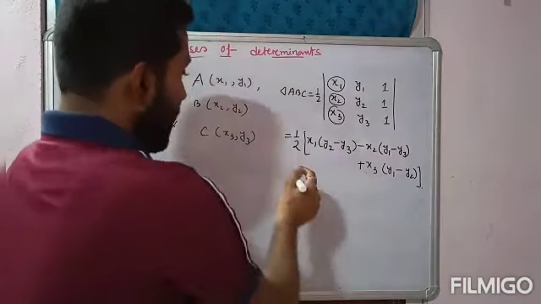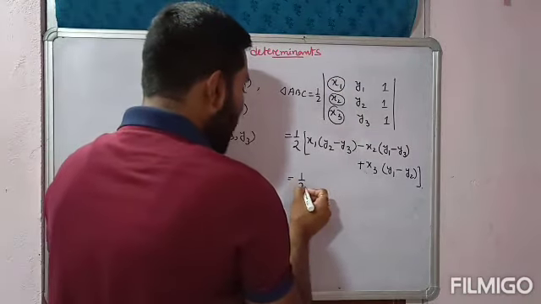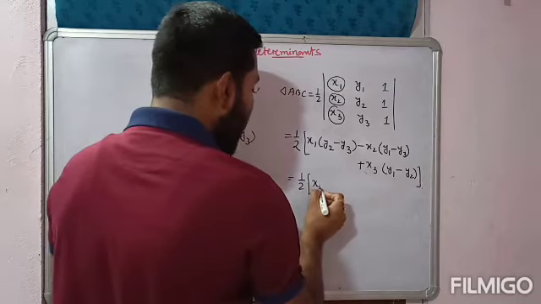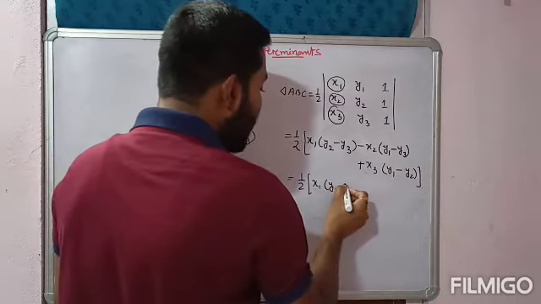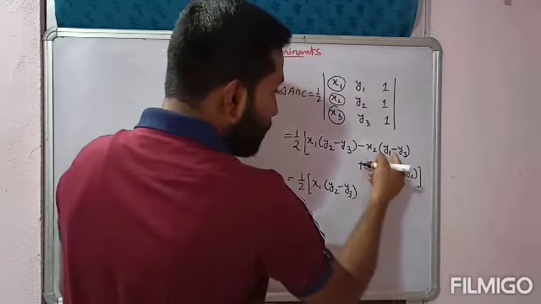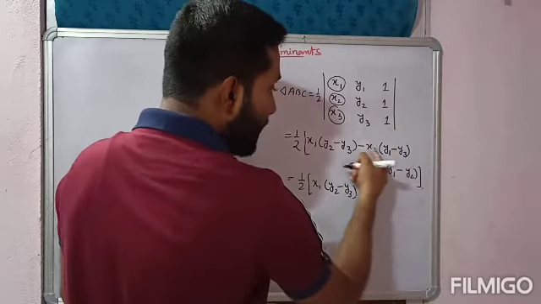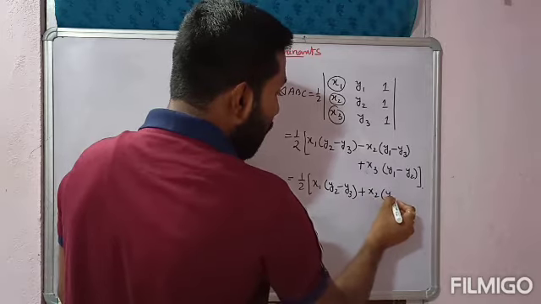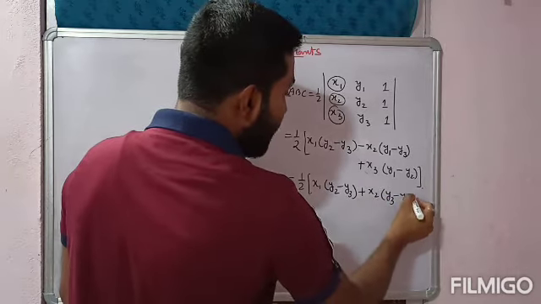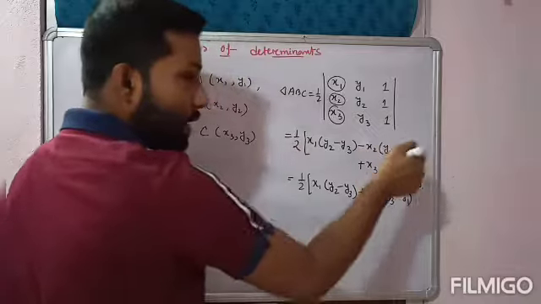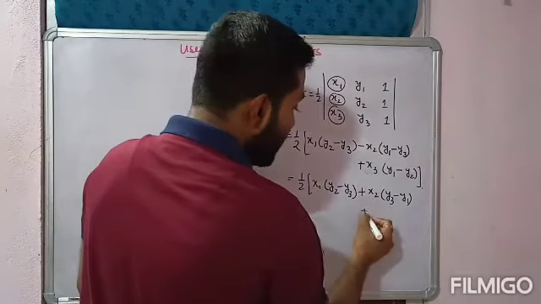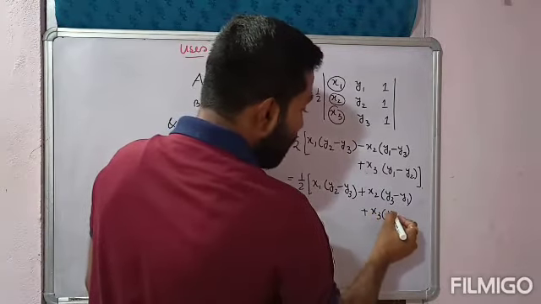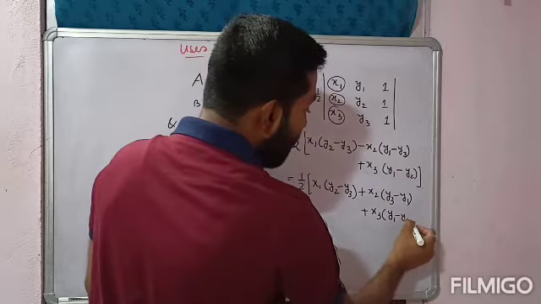So this is equal to half of x1 into y2 minus y3, and from here if I take minus common, minus minus becomes plus, so plus x2 into y3 minus y1. If I take minus common, y3 comes first and y1 goes after. Plus x3 into y1 minus y2.